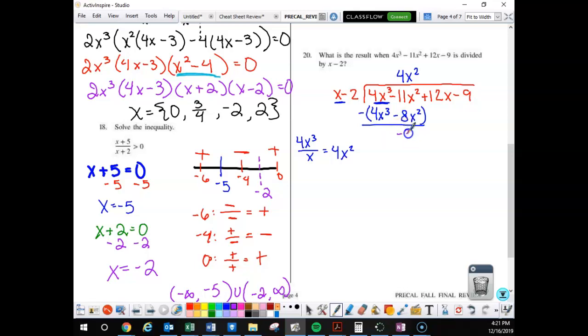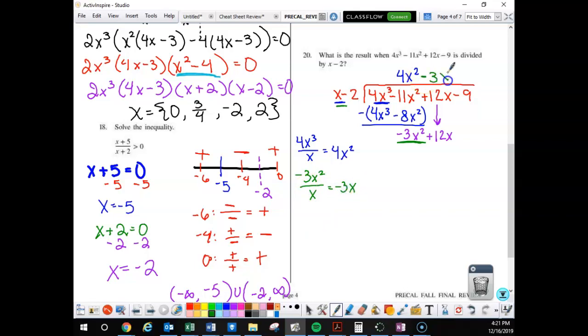So this would be negative 3x squared. Then I bring down the 12x. Alright, then I'm dividing this first term by x now. So negative 3x squared divided by x, which would be negative 3x.